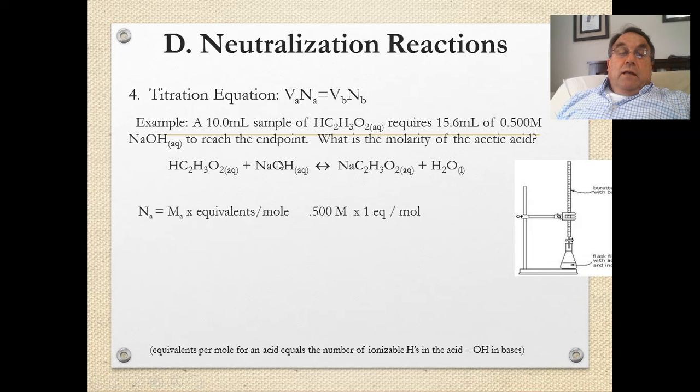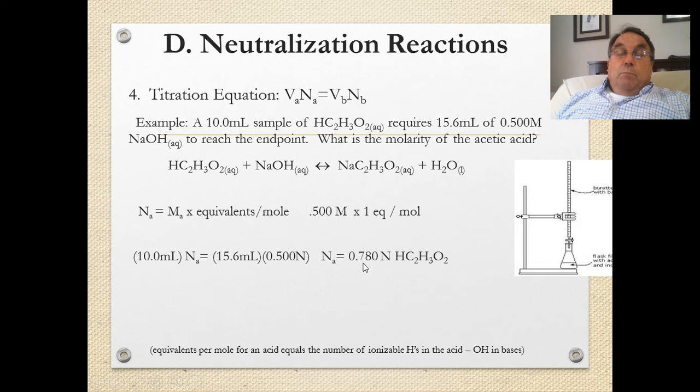And since it only has 1 OH, the multiplier is 1, so its normality is the same, 0.5. So 10 times unknown equals 15.6 times 0.5. So it'd be 15.6 times 0.5 divided by 10, which gives us 0.78 normal.